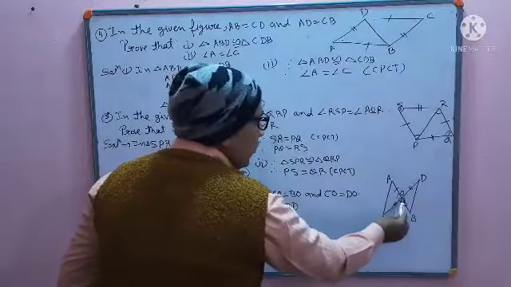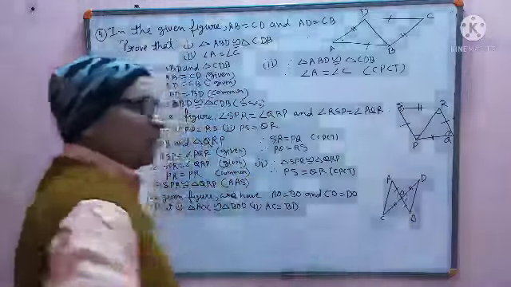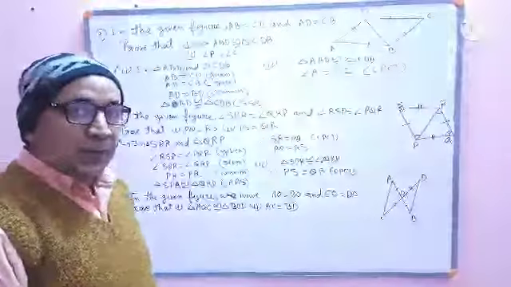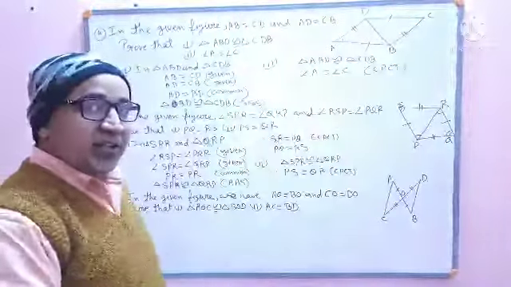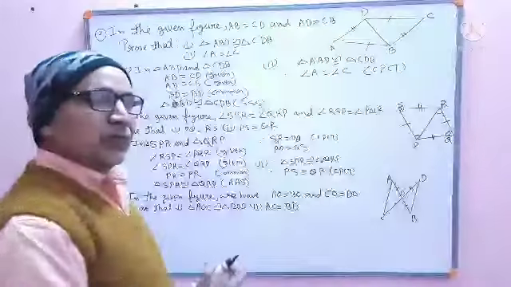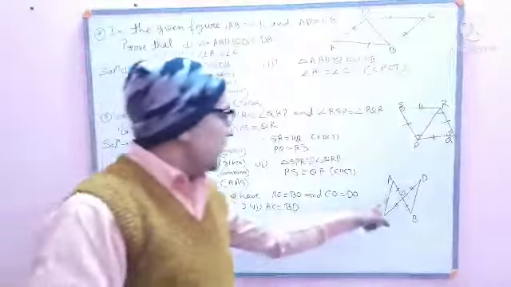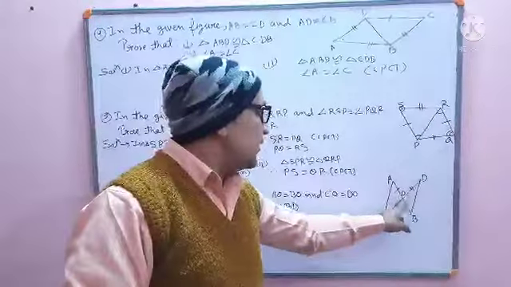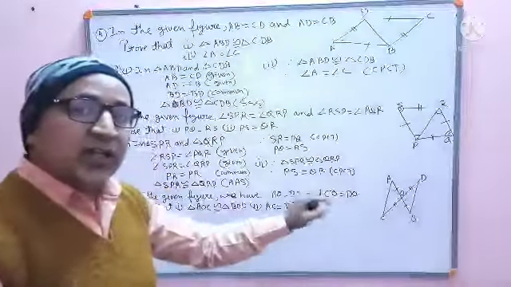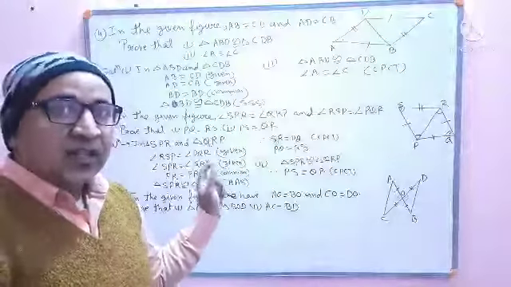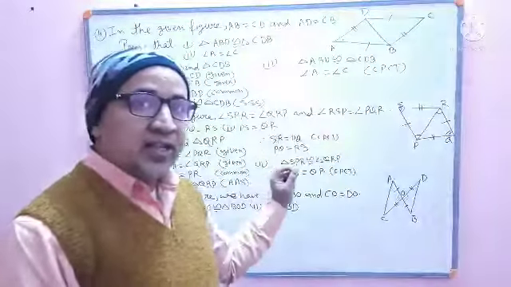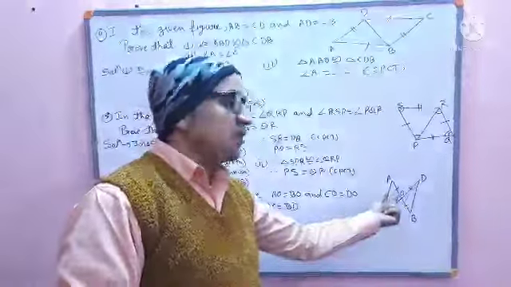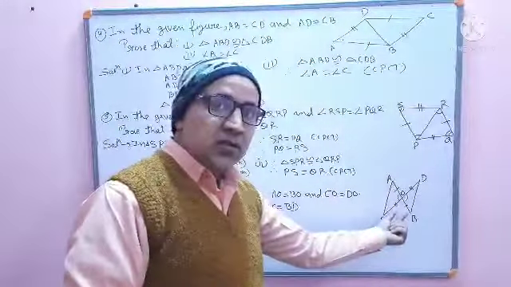Then what is the name of these two angles? If you have learnt, then it is easy. If you have forgot, it is difficult for you. If two lines intersect each other at a point, then these two angles are called vertically opposite angles, and vertically opposite angles are always equal.